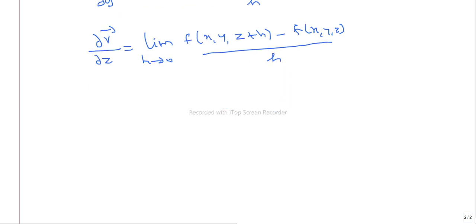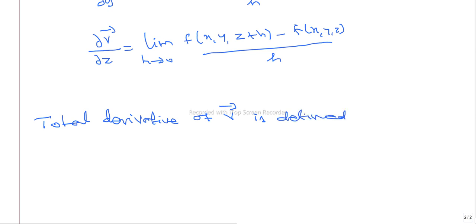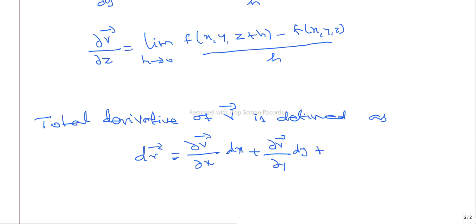Now we define the total derivative. The total derivative of the vector function r is defined as dr vector, which is nothing but the partial derivatives: dou r vector by dou x into dx, plus dou r vector by dou y into dy, plus dou r vector by dou z into dz.